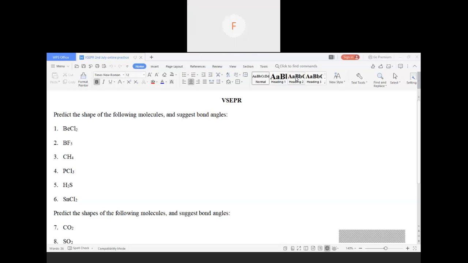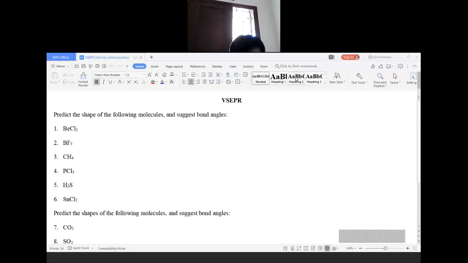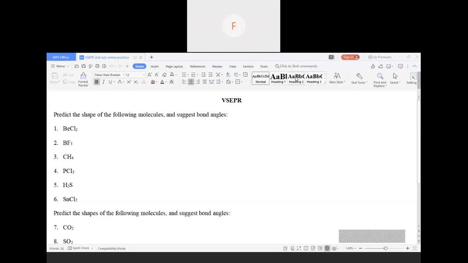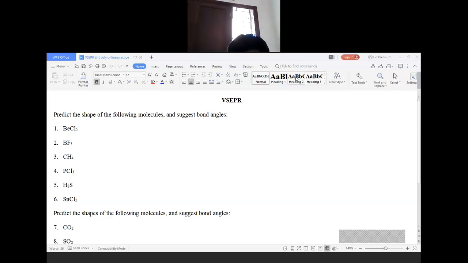Beryllium. How many lone pairs are there in beryllium? Only 2. No, so the lone pairs, two lone pairs.